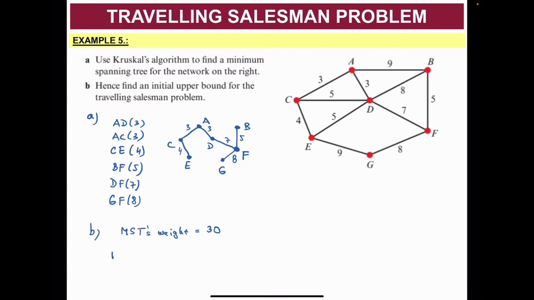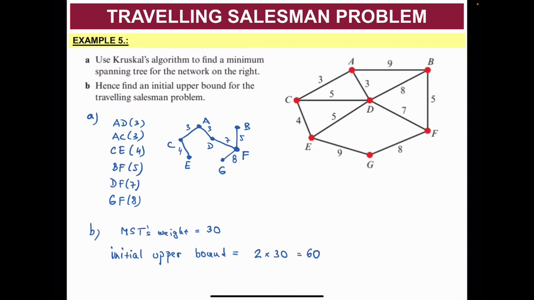So then the initial upper bound is double this value. 2 times 30, what is 60? So this is the upper bound. That means the initial upper bound is 60. That can maybe be improved, but it's definitely the upper limit of your optimal solution.